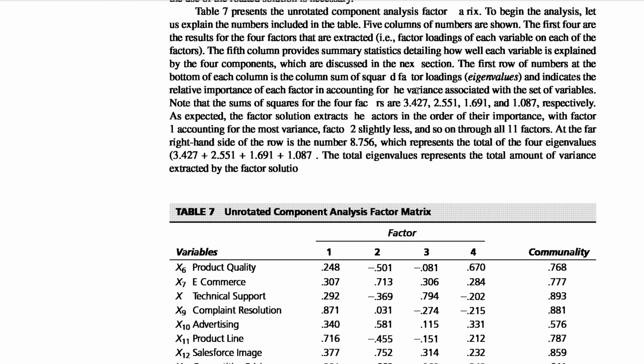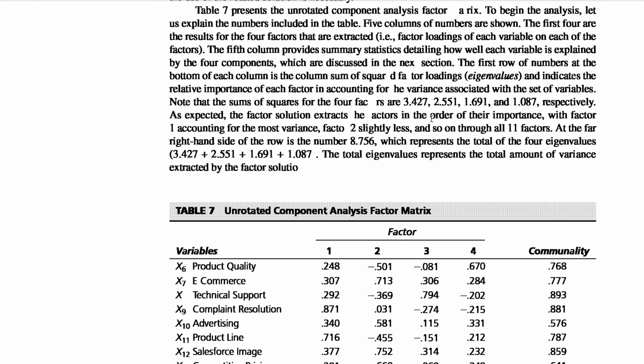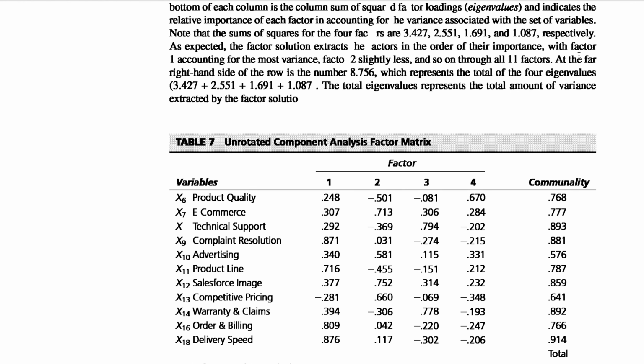The bottom row is the column sum of squares of the factor loadings, the eigenvalue, and indicates the relative importance of each factor in accounting for the variance associated with the set of variables. Note the sums of squares for the four factors are 3.427, 2.511, 2.551 and 1.691 respectively.